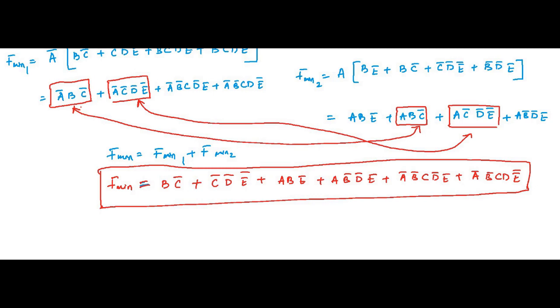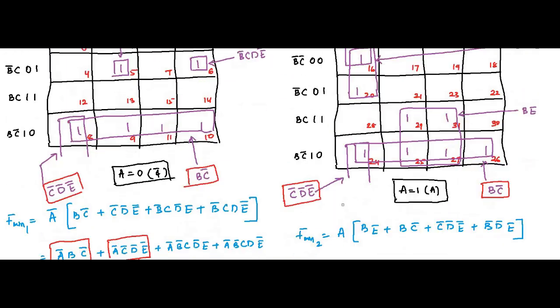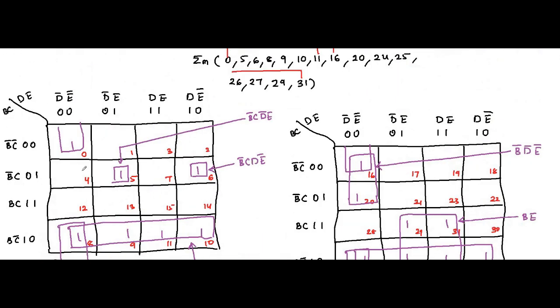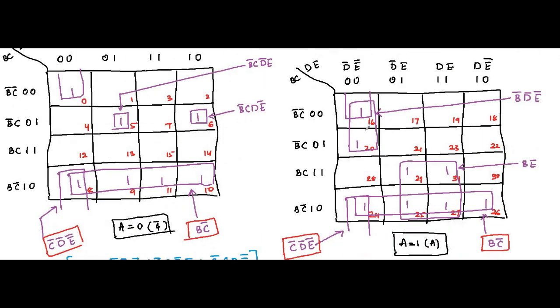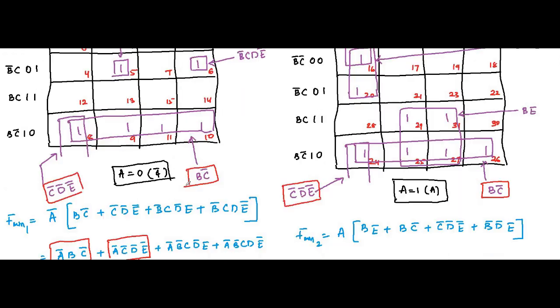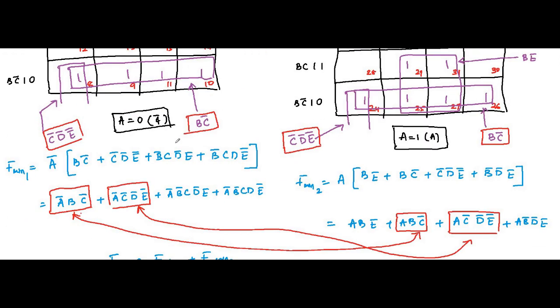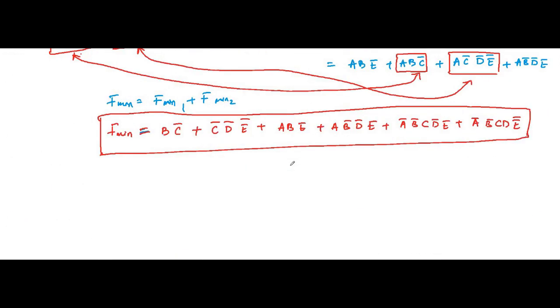It will come because here it is A bar, here it is A, and when we simplify it further, A or A bar will become 1. Nowhere are there other groups at identical positions, so there will be no other common terms. So these are the shortcut tricks you can use.